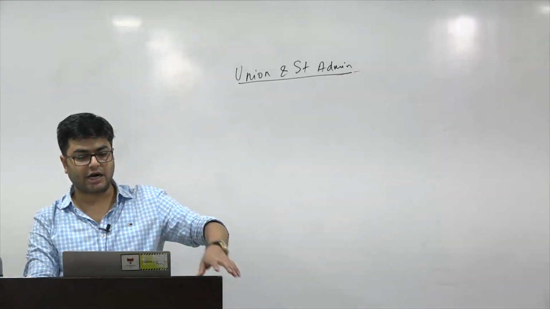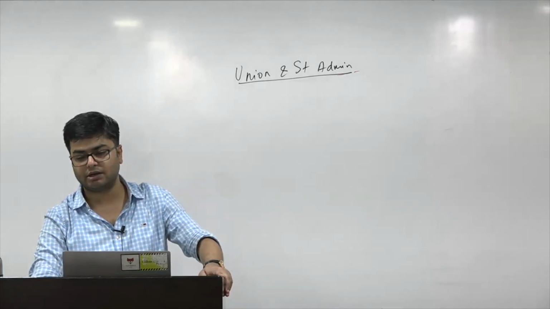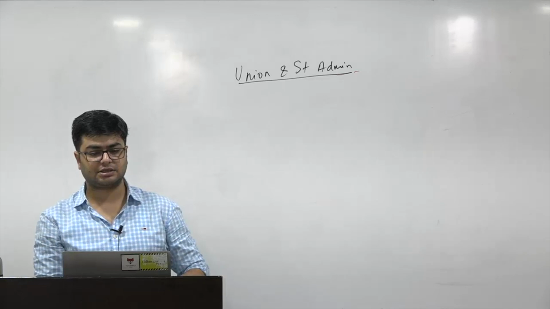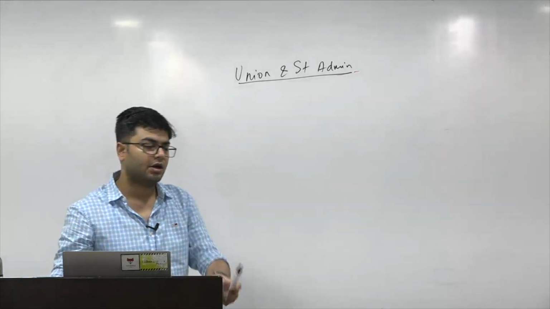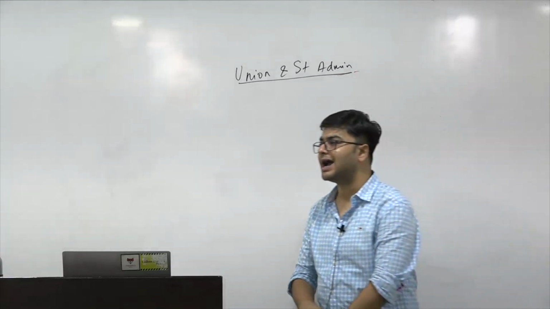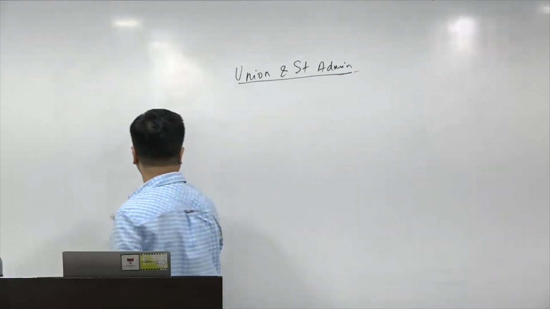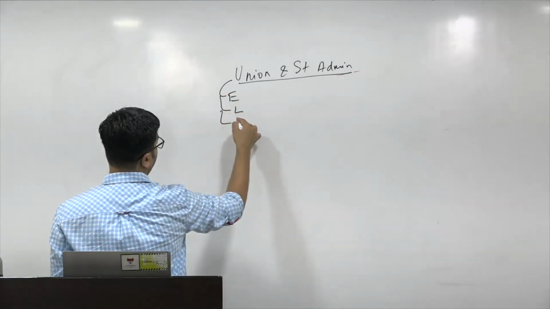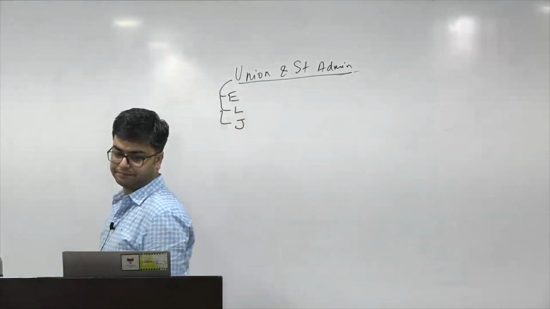Now, with regards to the union and state administration, first let us take up union. You all are aware that when we look at union administration, we are looking at the three pillars, that is executive, legislature, judiciary.